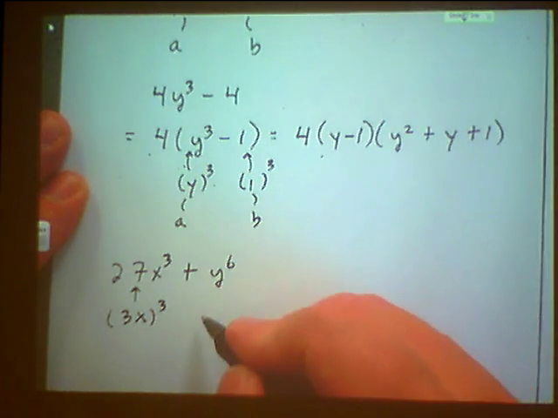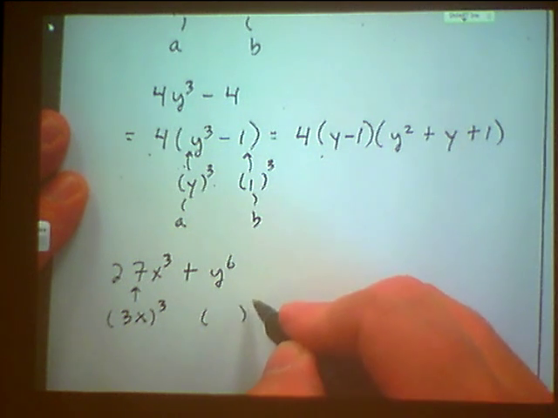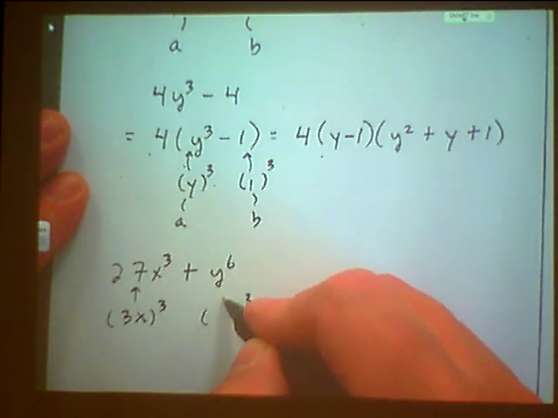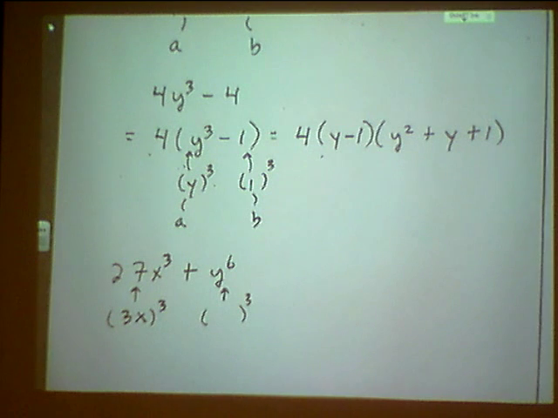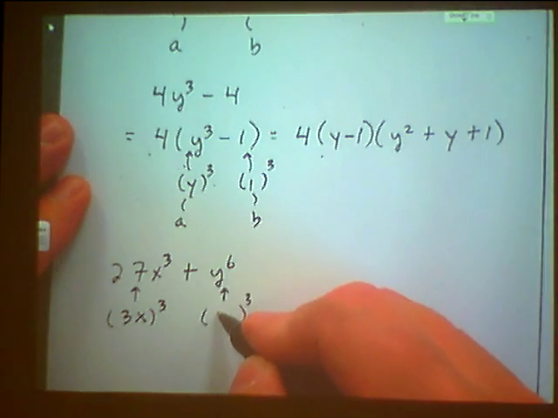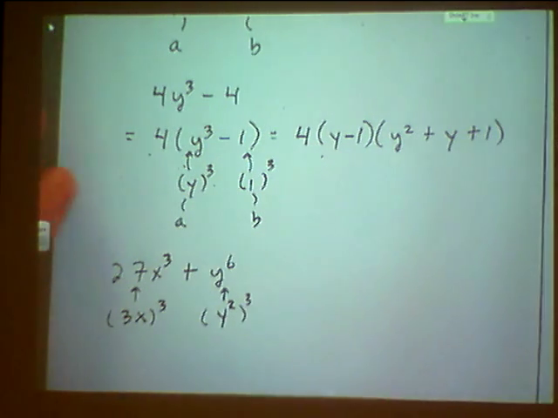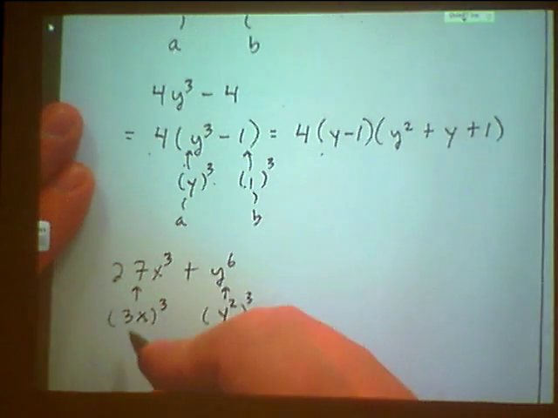And now I look over here. Now this looks a little interesting. Can I cube something and have it equal y to the 6th? How about y squared? Y squared cubed, what do we do with those 2 exponents? We multiply them. So as it turns out, this is a sum of cubes.